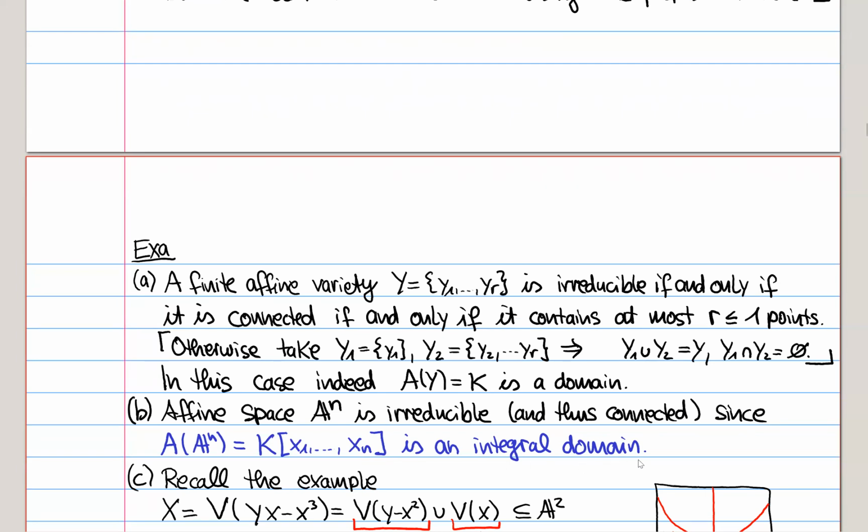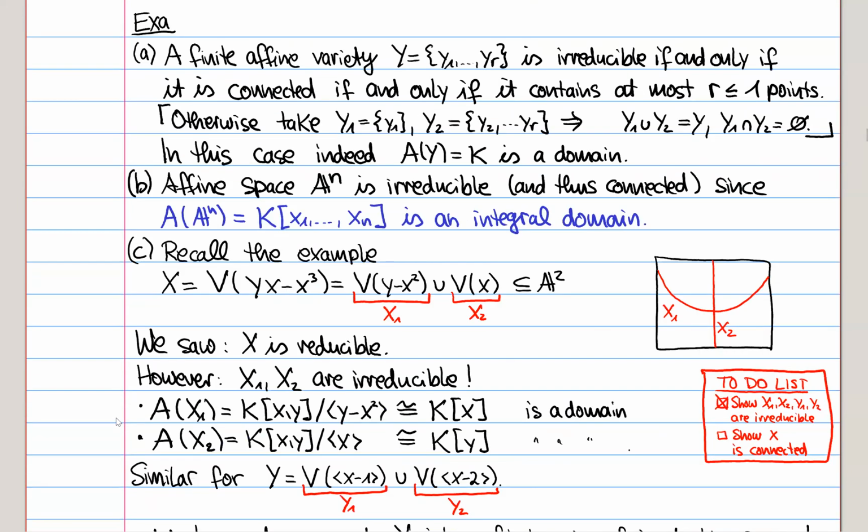And this is an integral domain, simply because k is an integral domain. And then if you iteratively take the polynomial ring in one additional variable, this remains an integral domain. And so this result from commutative algebra immediately tells you something about the topology of A^n.